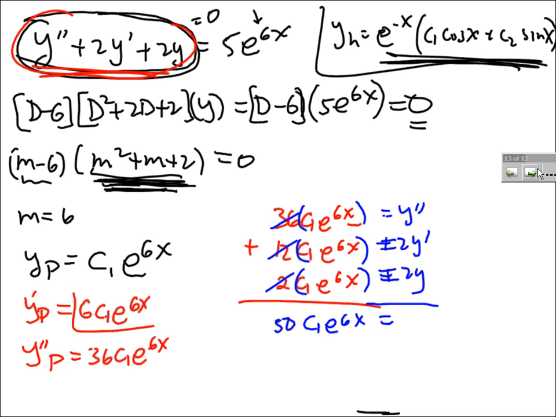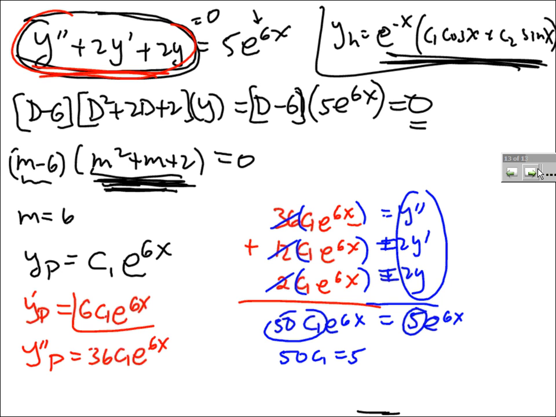That is, this right-hand side, when you add that up, you're supposed to get 5 e to the 6x. Well, that number must be 5. 50c1 is 5. And if you divide that by 10, you get 5. c1 is going to be 1/10.